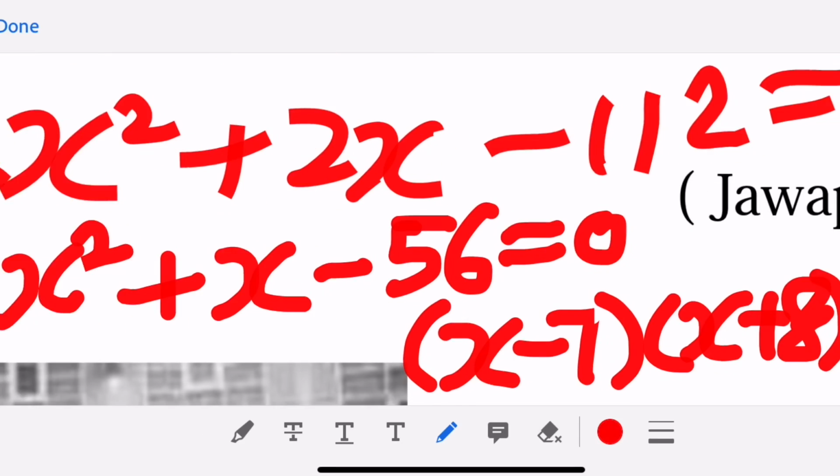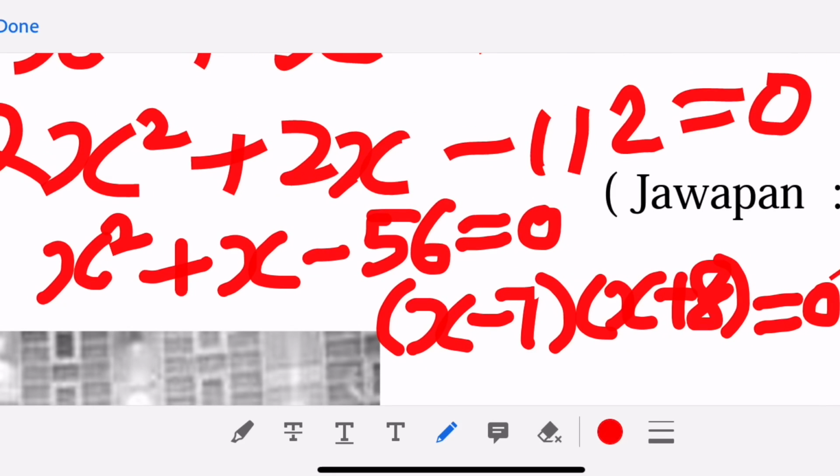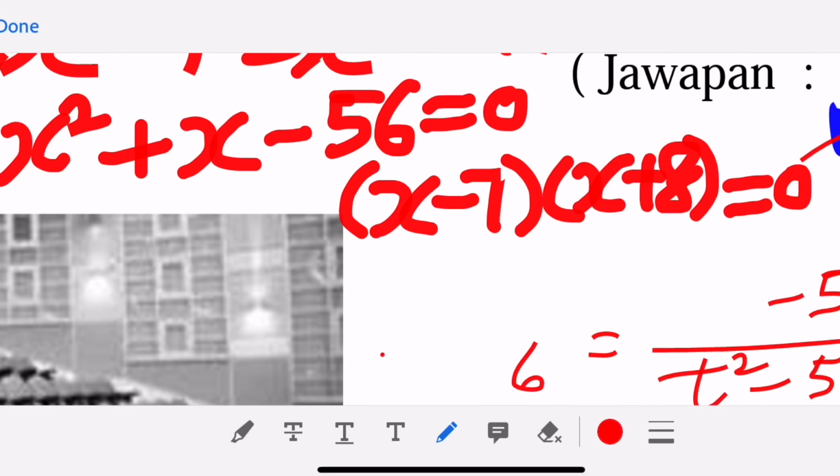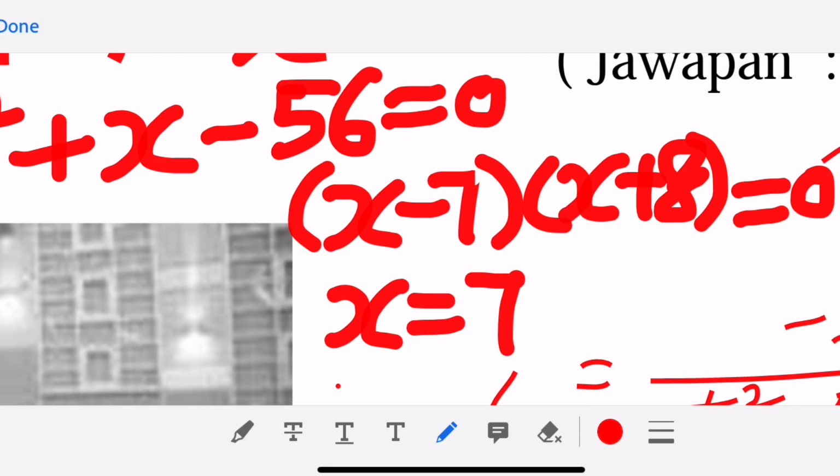Okay, so after that you have to solve by letting each factor equal to 0. x minus 7 equal to 0, x plus 8 equal to 0, and you have to solve your x, right? So x is 7 and negative 8. That will be the answer for this question, for the hot question like this.